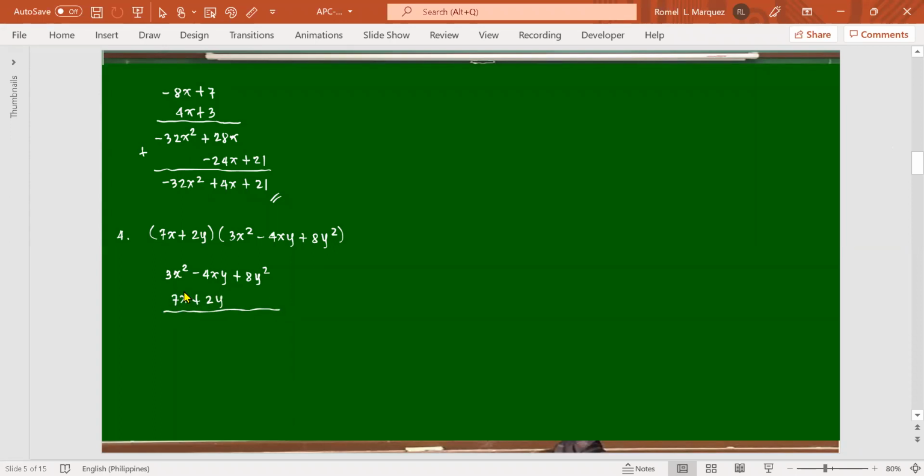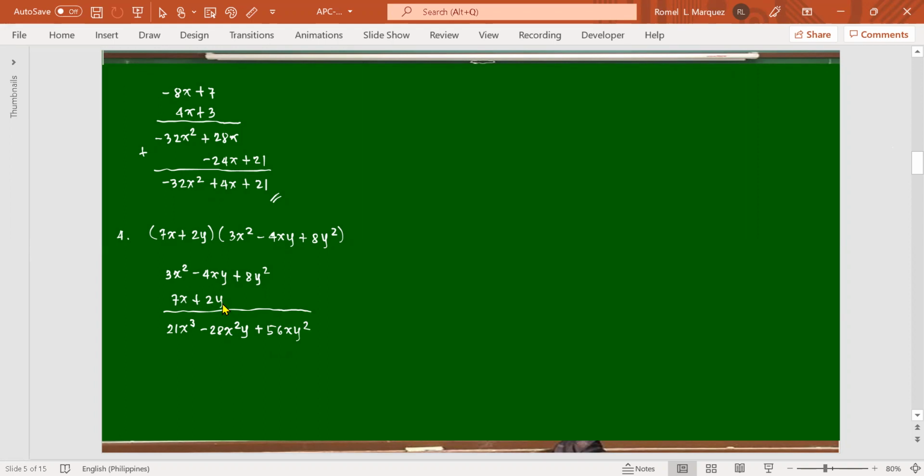Multiply the first term in this binomial to every term in the trinomial. Beginning with 21x cubed. 7x times 3x squared is 21x cubed. 7x times negative 4xy, negative 28x squared y, plus 56xy squared. Okay, guys?